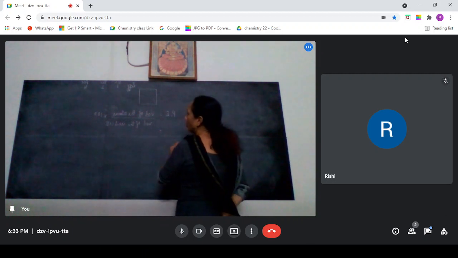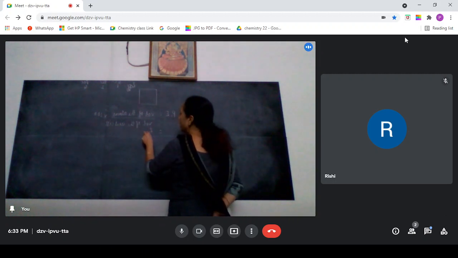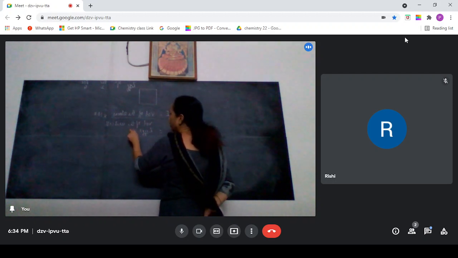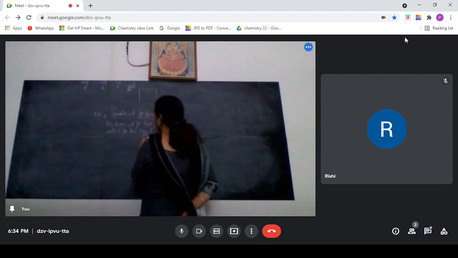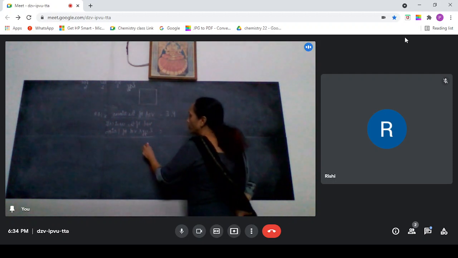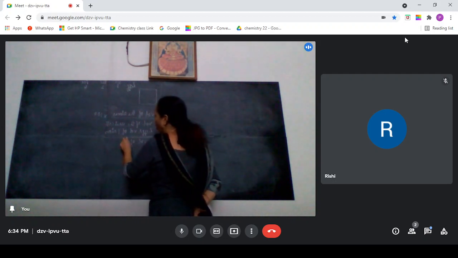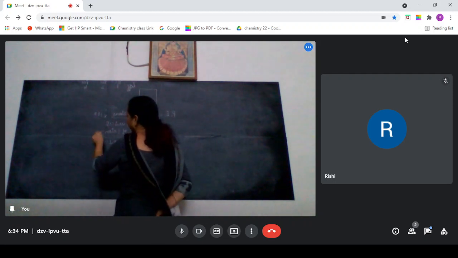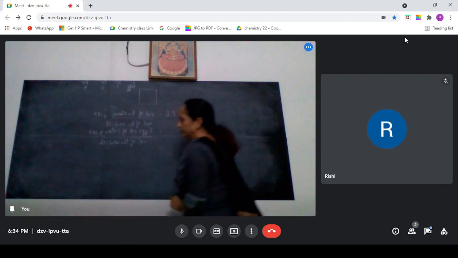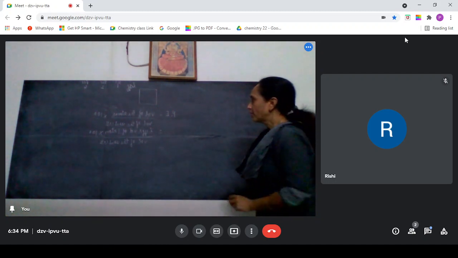So this is equal to volume of the atoms, which will be Z effective into volume of one atom. Write down this: Z effective into volume of one atom by volume of the unit cell into 100. Okay.